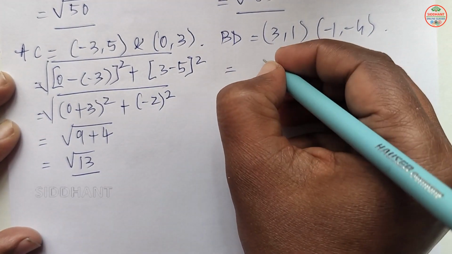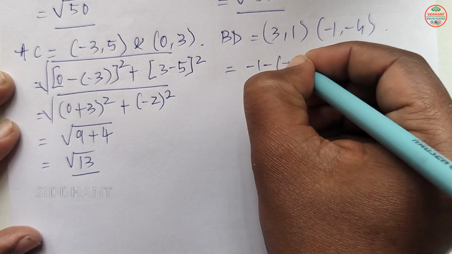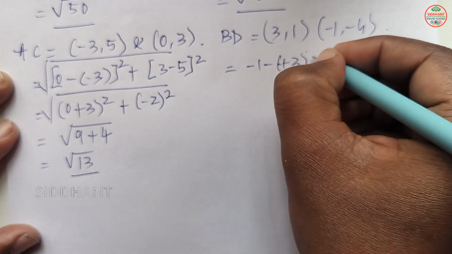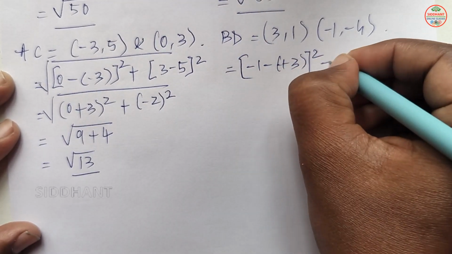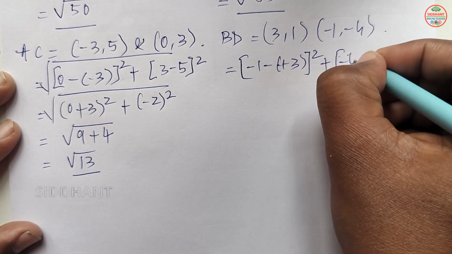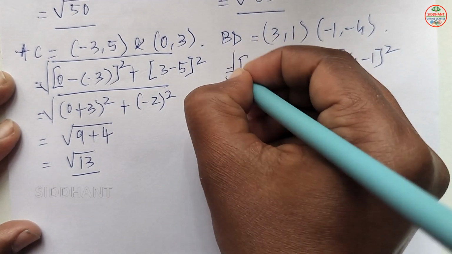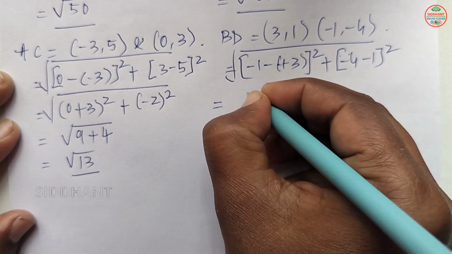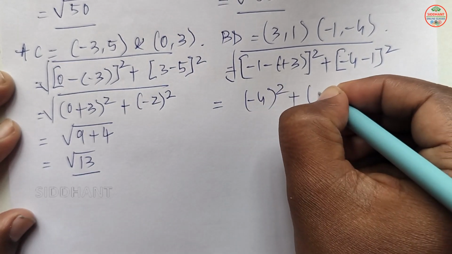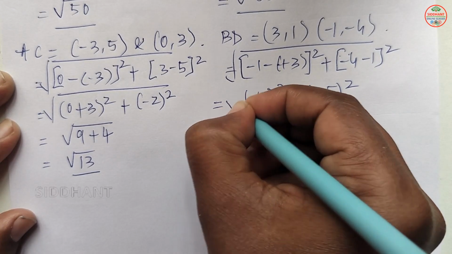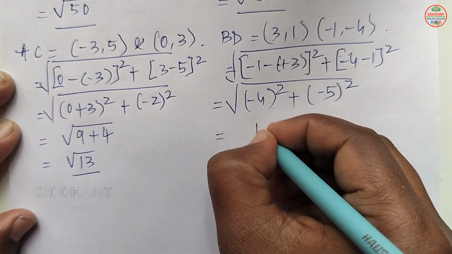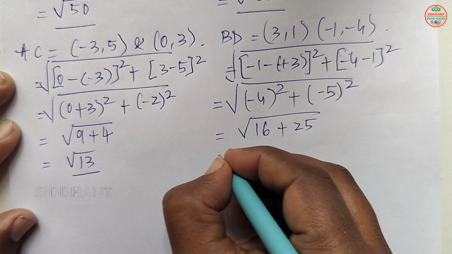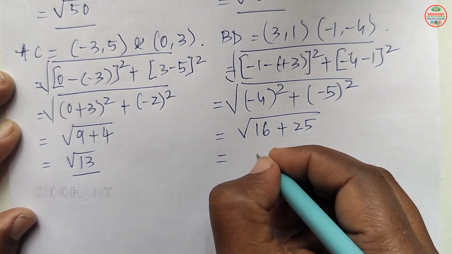So x2 minus x1, which will be minus 1 minus 3, minus 4 whole square, plus y2 minus y1, minus 4 minus 1, minus 5 whole square, under square root. So 4 square is 16 and 25. 16 plus 25 is 41.